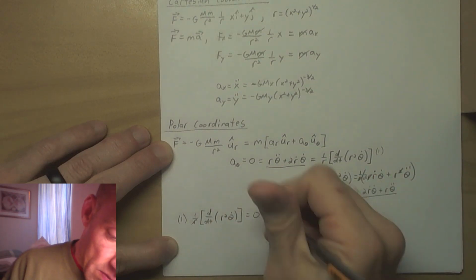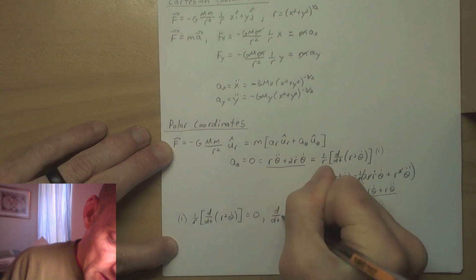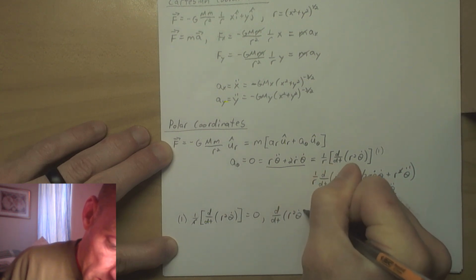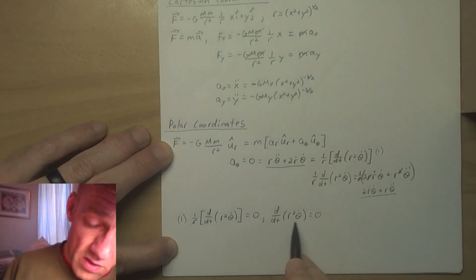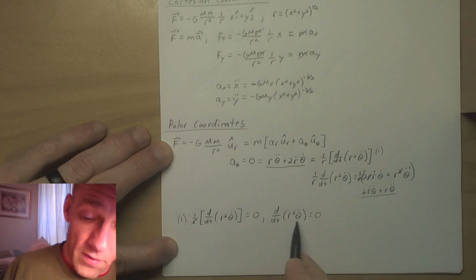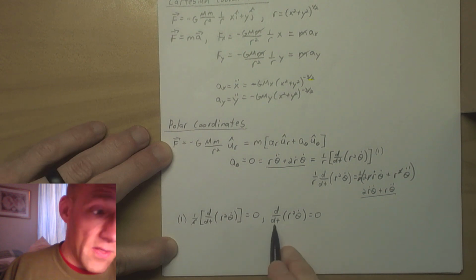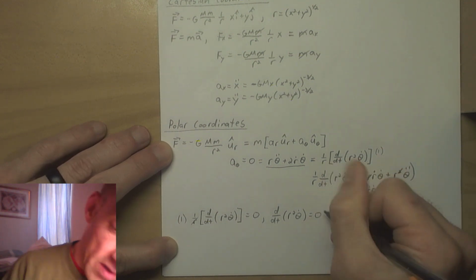And that means that this combination is a constant. If the derivative with respect to time is 0, then this value is a constant.